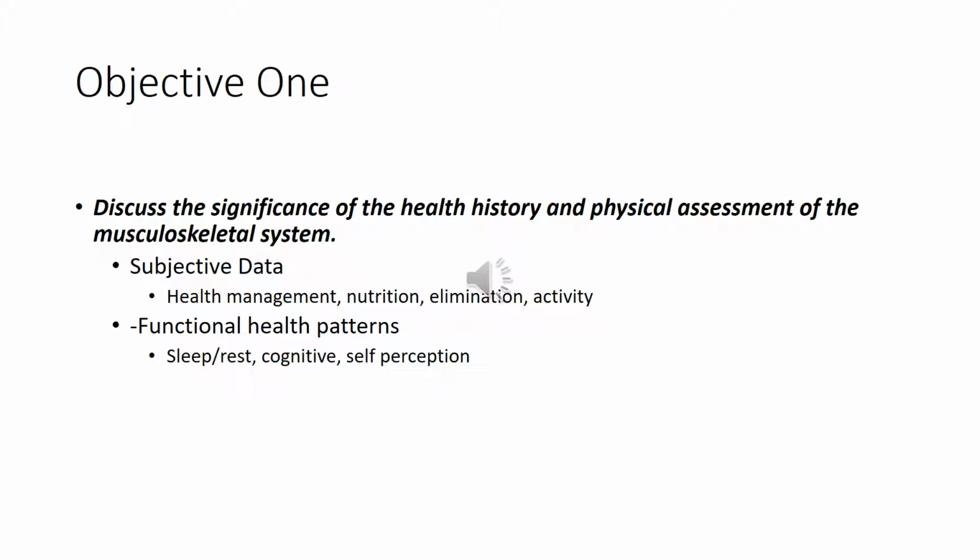Okay, now we get to our first objective, and that is to discuss the significance of the health history and physical assessment of the musculoskeletal system. We need to obtain subjective data such as health management, nutrition, elimination, and activity. So we want to know specifically about certain illnesses.